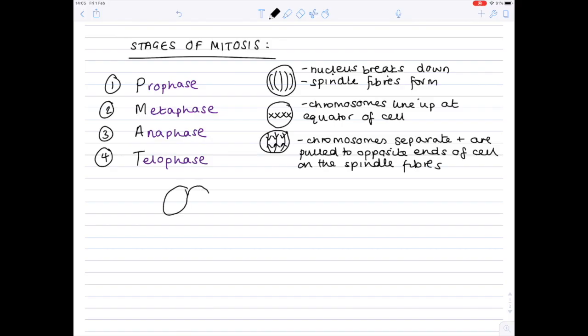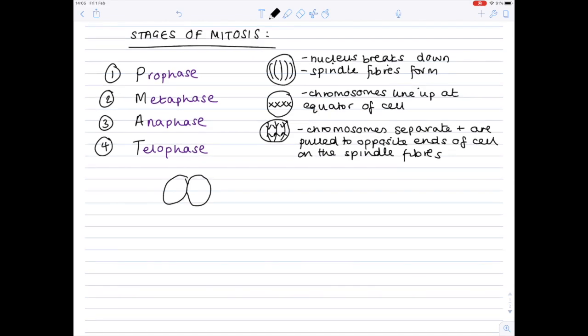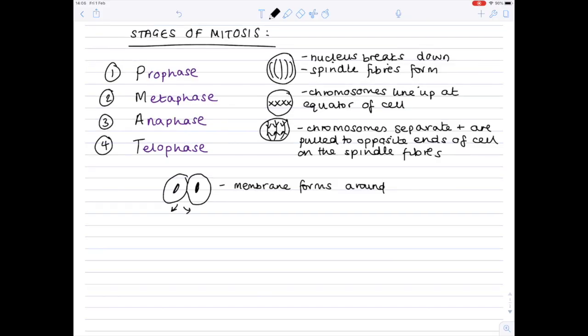And then with telophase, this is at the end of anaphase, and you find effectively that those two cells start to separate, two new cell membranes are formed, and you end up with two daughter cells. So I'm trying to show these separating, but I'm not doing a very good job. So your summary for telophase, a membrane forms around each set of chromosomes, and you obviously find those chromosomes in the nucleus.